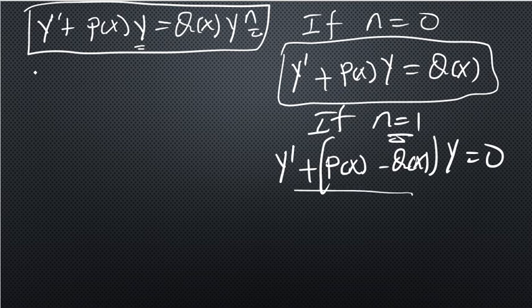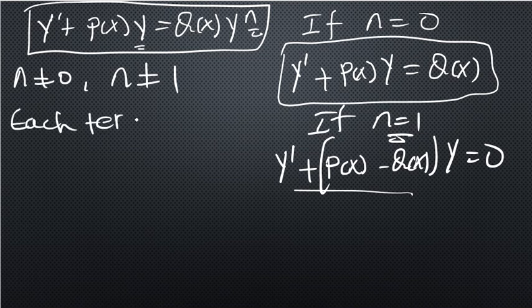Still, this is a linear equation. But if n is different from 0 and different from 1, we can change the given Bernoulli's equation to a linear ordinary differential equation by multiplying each term by y to the power of negative n. What does that mean?